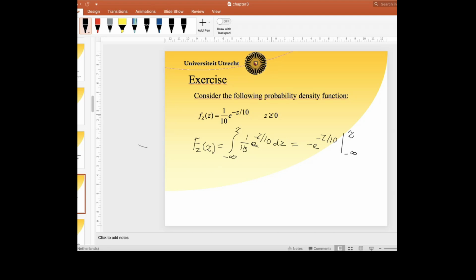Now, of course, z is larger than 0, so it is evaluated between 0 and z.